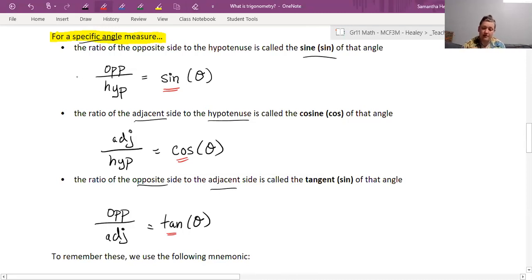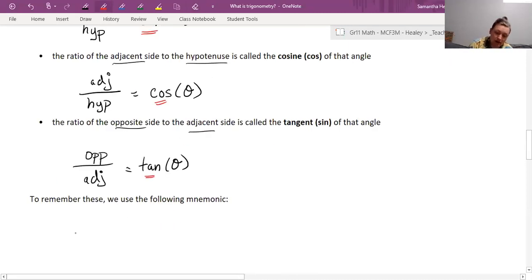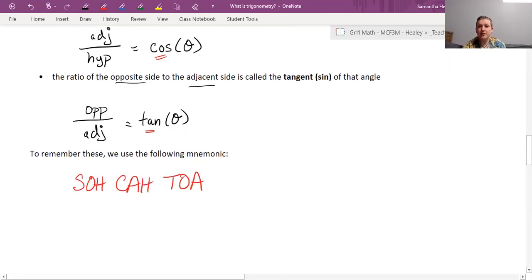To remember that, we have a mnemonic, which I'm sure you've heard. It goes SOH CAH TOA. The point of this mnemonic is just to remind you which word goes with which ratio. SOH shows us, we always start with our trigonometric ratio word.